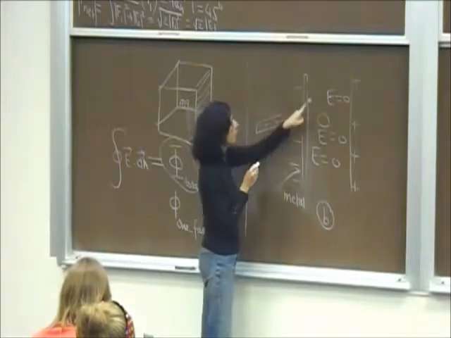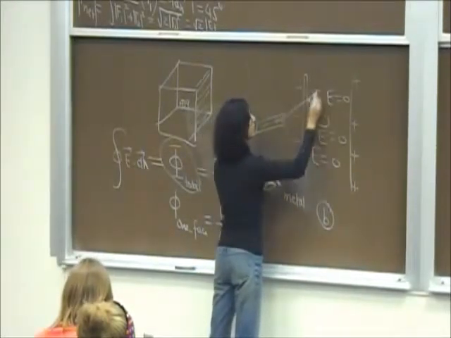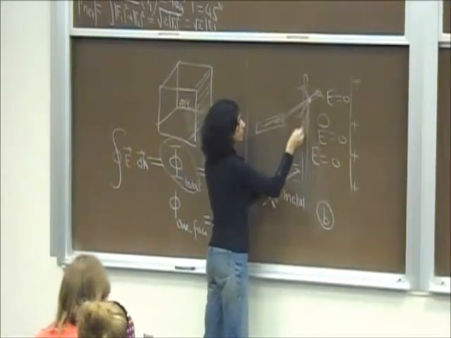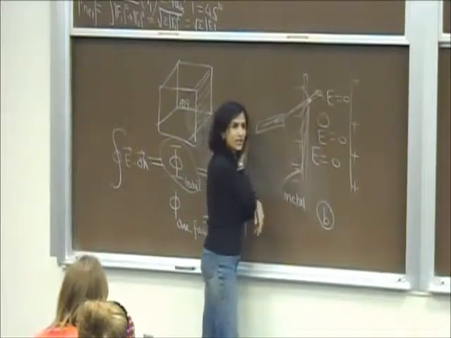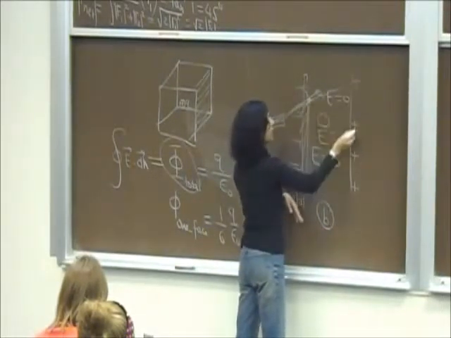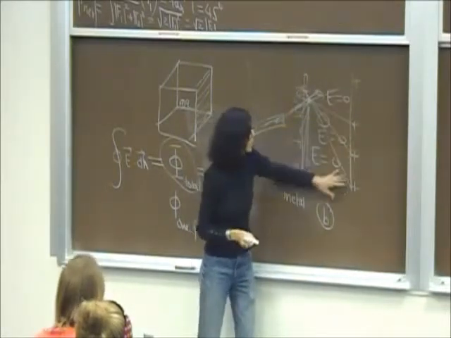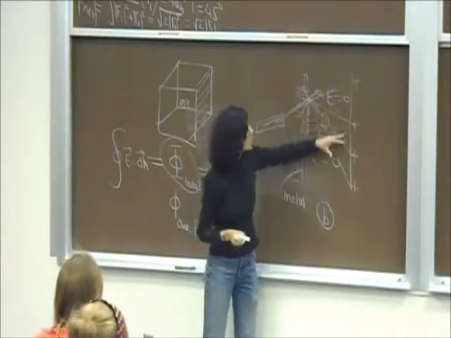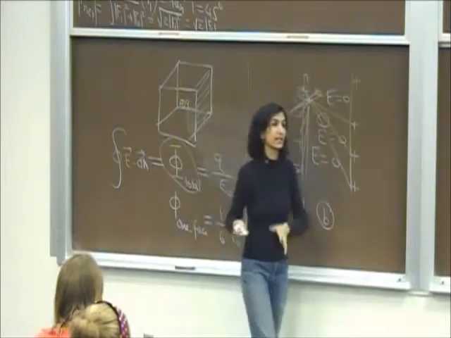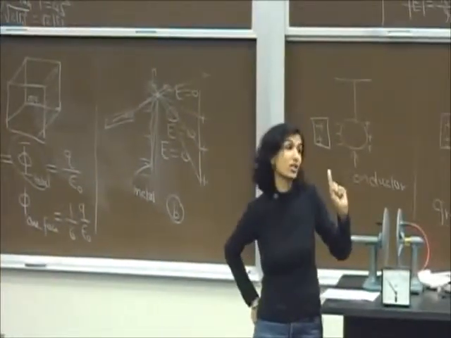If you find the electric field due to these charges, these negative charges will have their electric field towards them, and these positive charges will have their electric field away from them like this. If you add up the contribution of all of these charges, it will add up to 0 there. But not just there, everywhere inside this conductor the electric field adds up to 0. That's the way charges will distribute themselves.